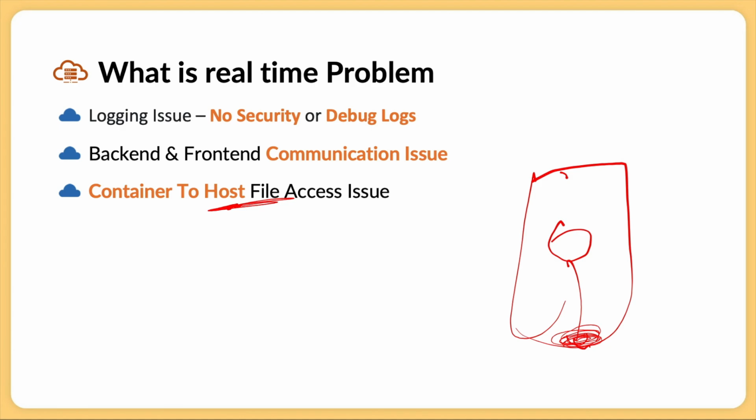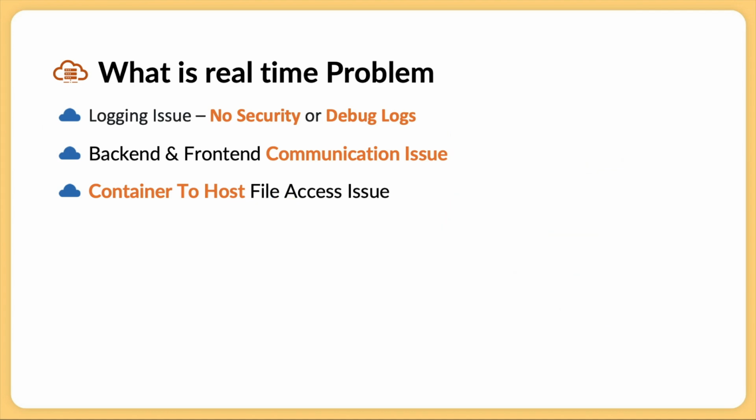Let's take another example. Imagine on the host machine there is a cron job creating a sales.csv file, and this data needs to be available to the container. Again, we cannot access this, right? These are the three real-time problems I was trying to make you understand, which arise when a container is not able to persist data for the long term.